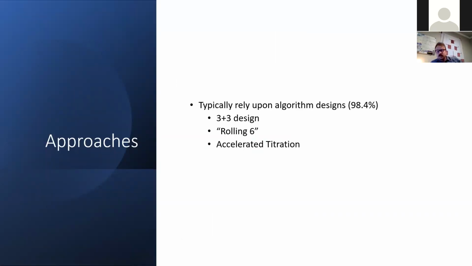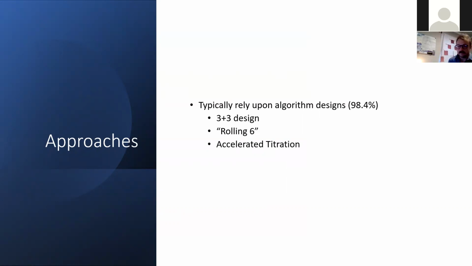So historically, and what a lot of people are probably familiar with, is the use of the 3+3 design. In a recent publication, in, I believe, 2007, it was found that approximately 98.4% of published phase 1 clinical trials rely on these 3+3 or other algorithmic designs, including the rolling 6 and accelerated titration.